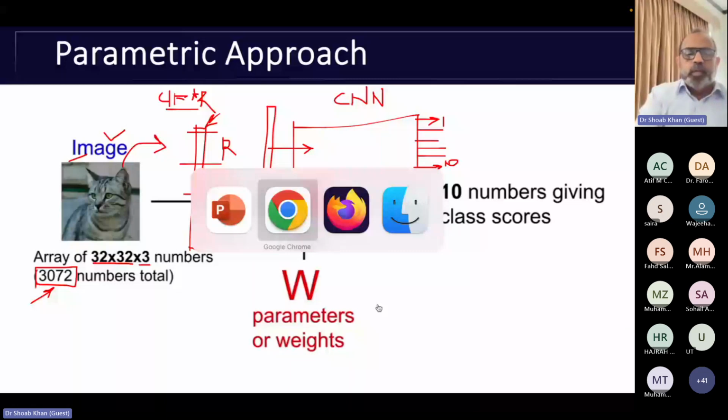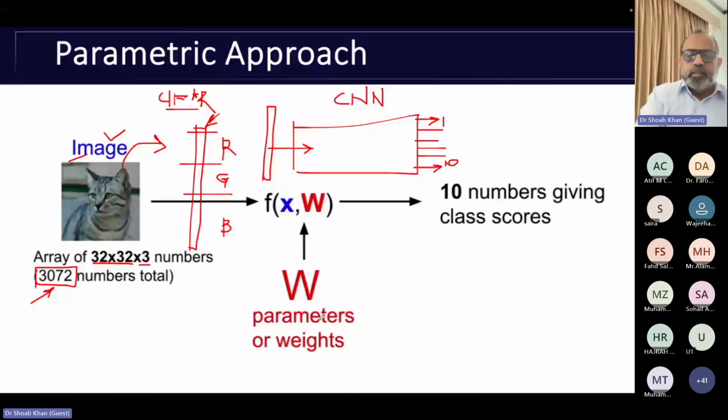One thing is, what if I have just a matrix? Remember, we have learned about a vector multiplied by a matrix. Basically, I transform this vector so that it is now a 10 into 1 vector with 10 elements.